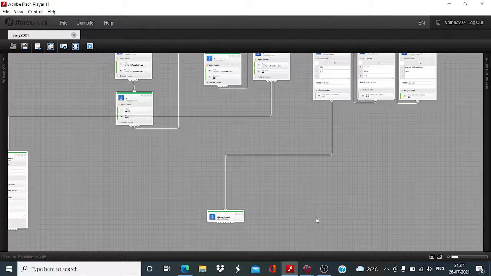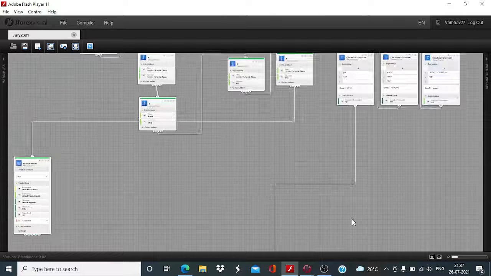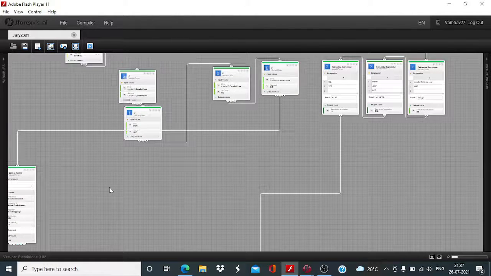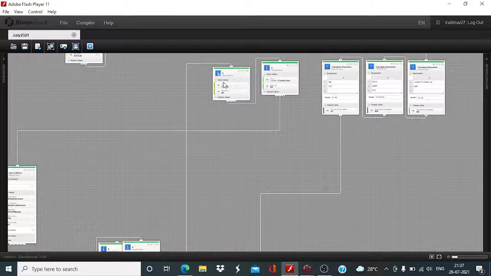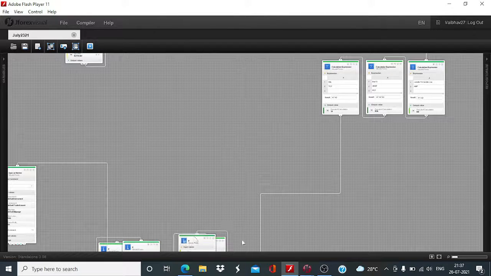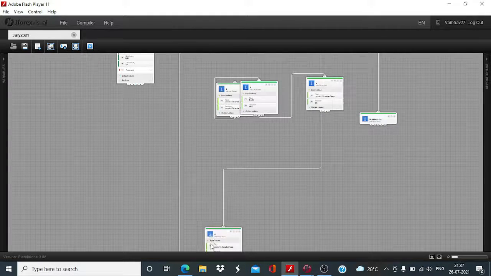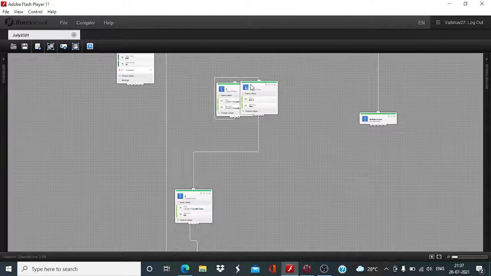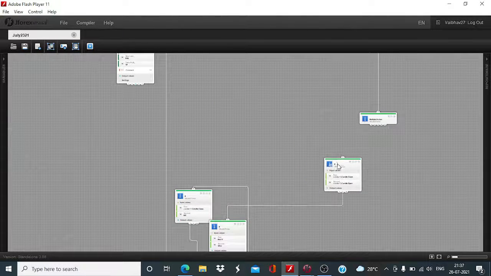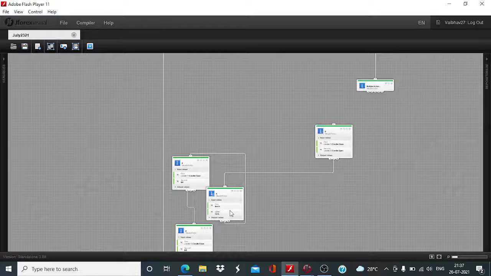Before we add the input parameters for the trade command block, let me arrange these four if blocks on the lower side so we don't get confused how the trade flow is going through, what are the conditions.